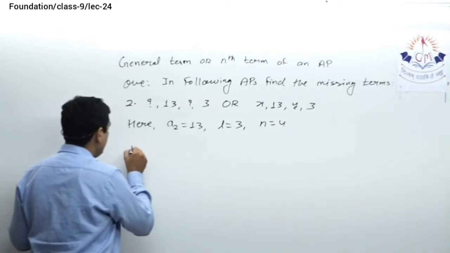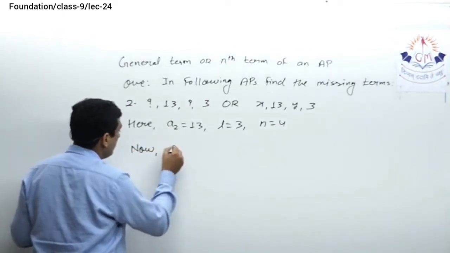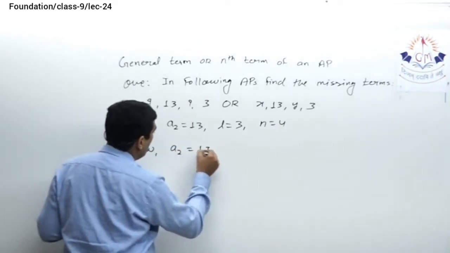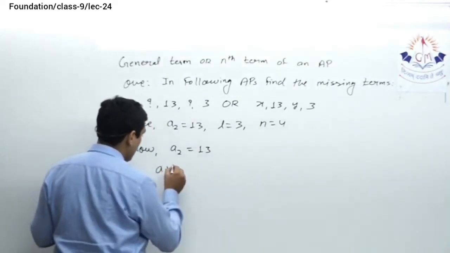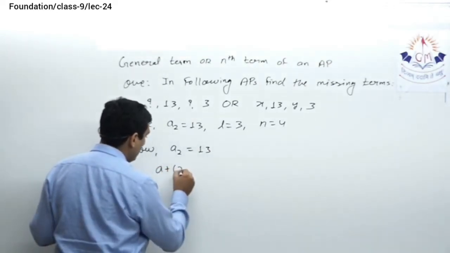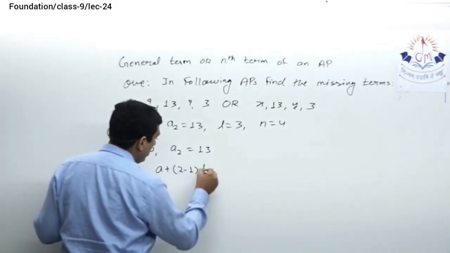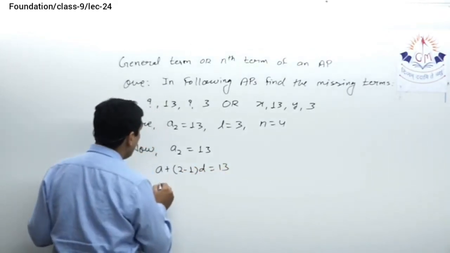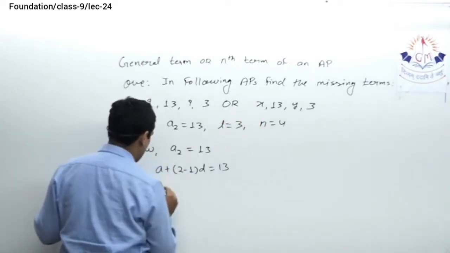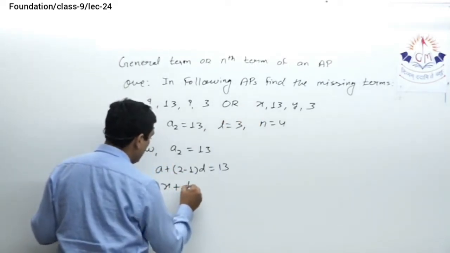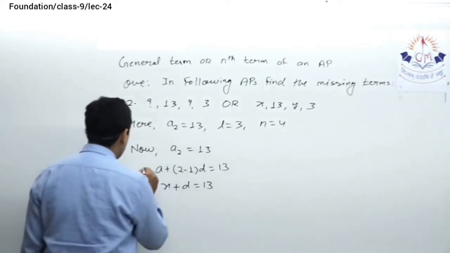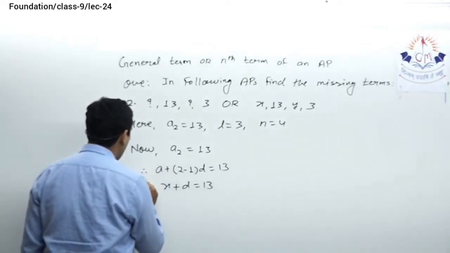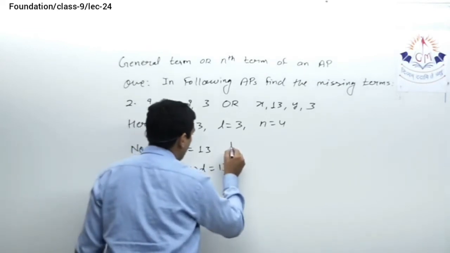Now we'll start with a2. a2 is equal to 13, but according to the formula a2 should be a plus 2 minus 1 into d, that is 13. So a is actually x. So x plus d is equal to 13. Here I have one relation between a and d, or x and d, whatever you say.